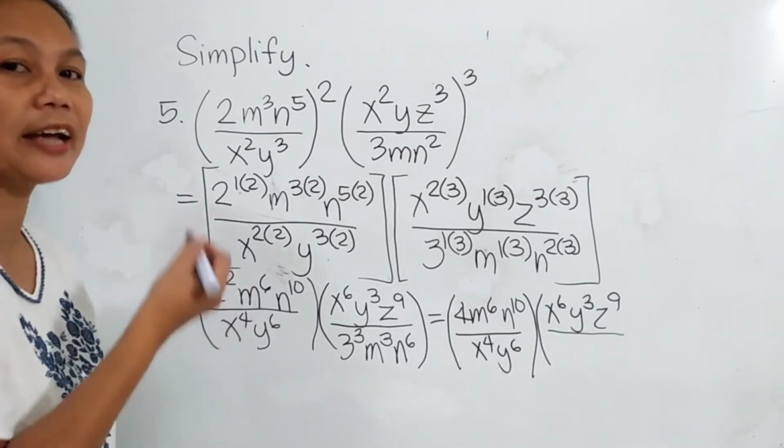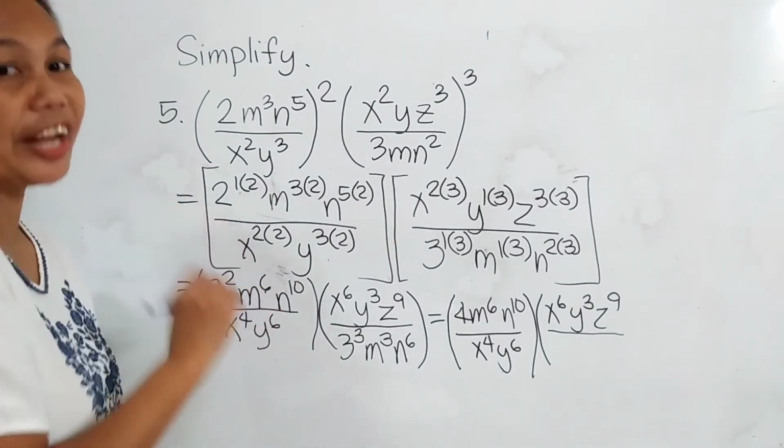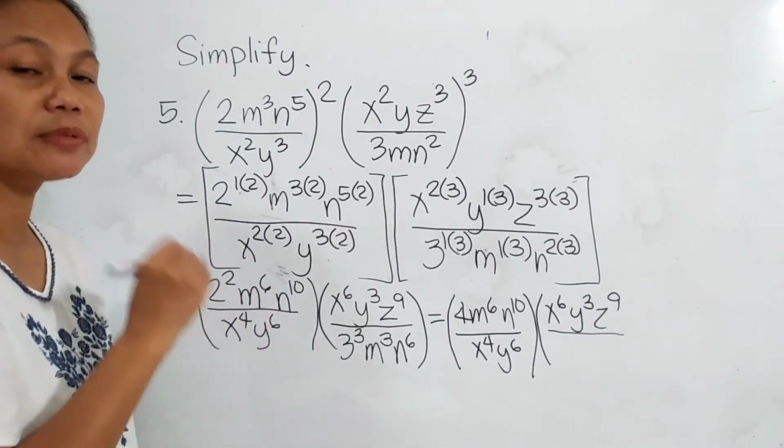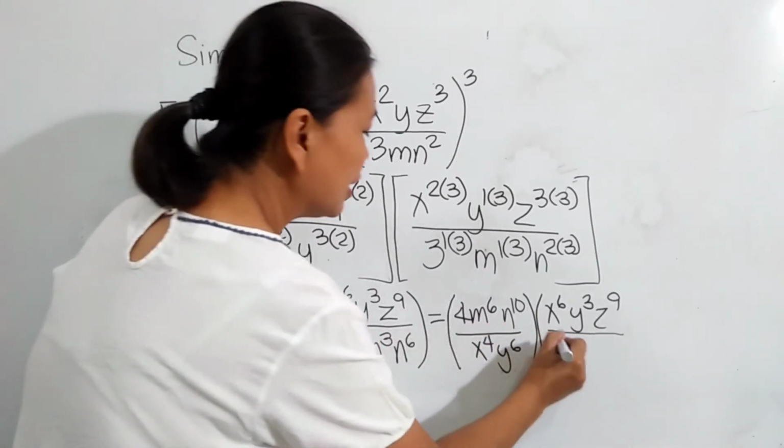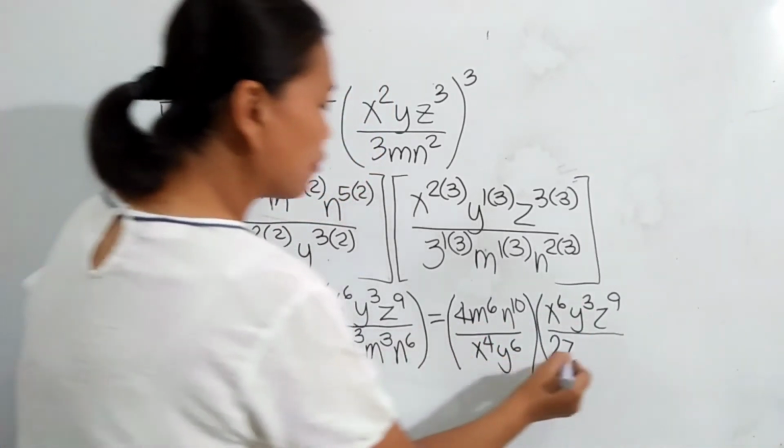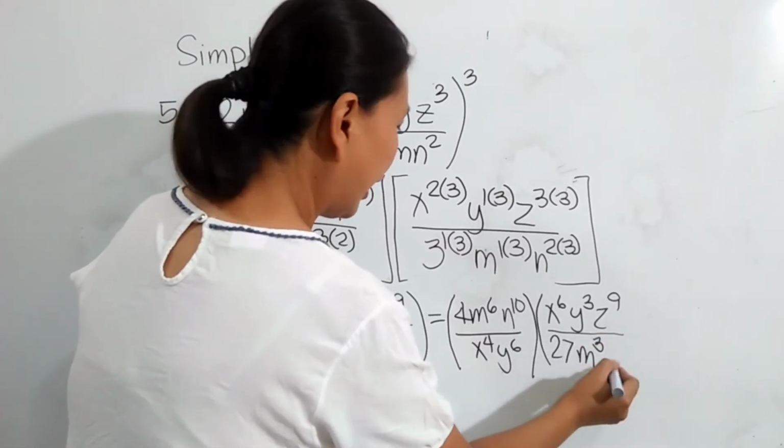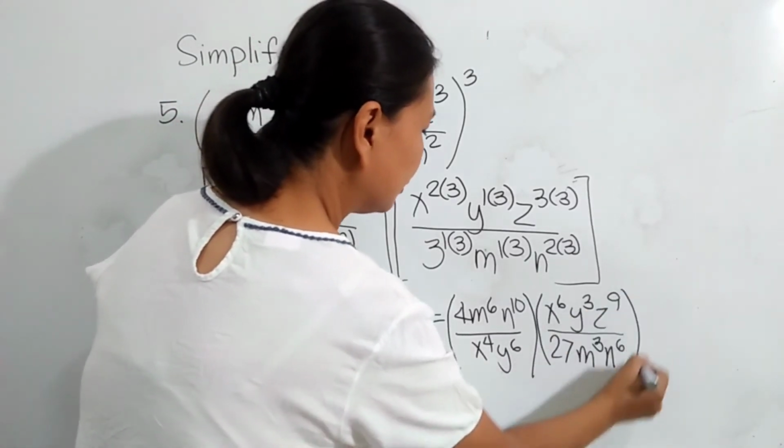So it means 3 times 3 times 3. So 3 times 3 is 9, times 3 is 27. Then, we have here m cubed n raised to 6.